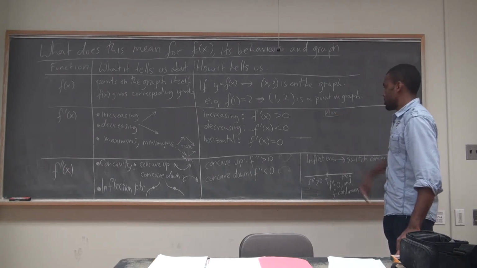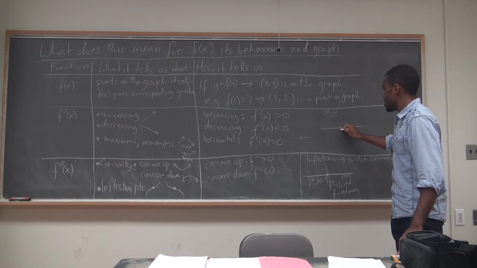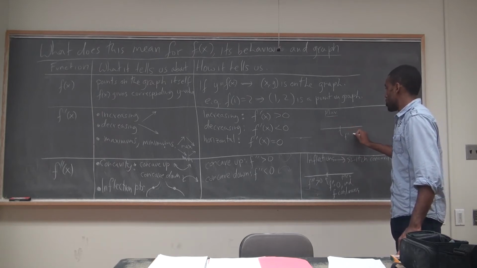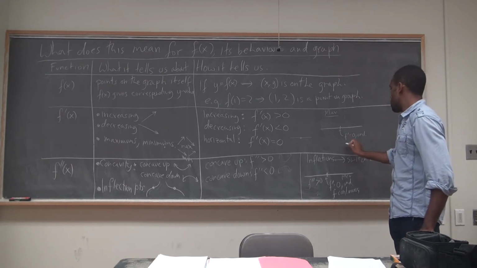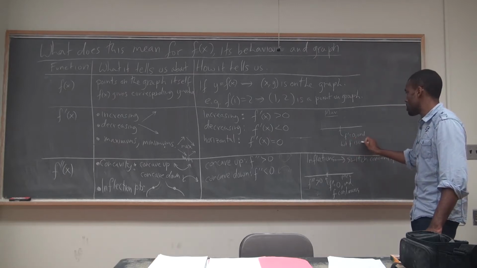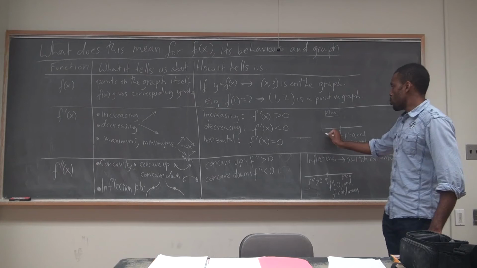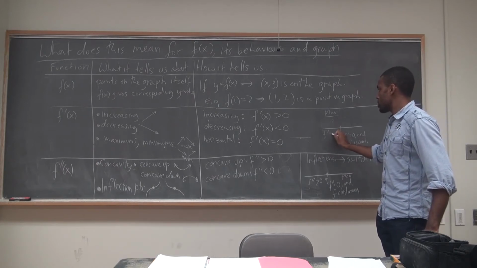Right? Similarly here for max and min. Let's talk about max, and we'll come back to this. So again, here's a point where your first derivative is 0, or possibly undefined. It could be like a sharp corner. But definitely your function has to exist there. F is continuous there. But on one side, your function is increasing, so the derivative is positive.